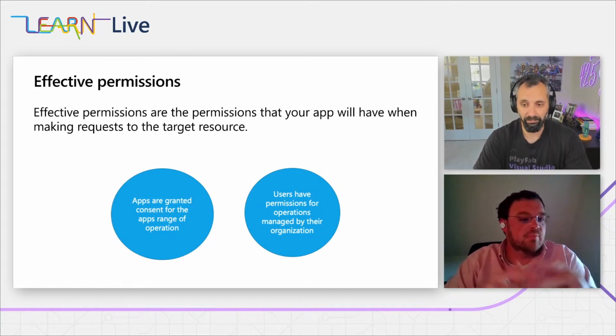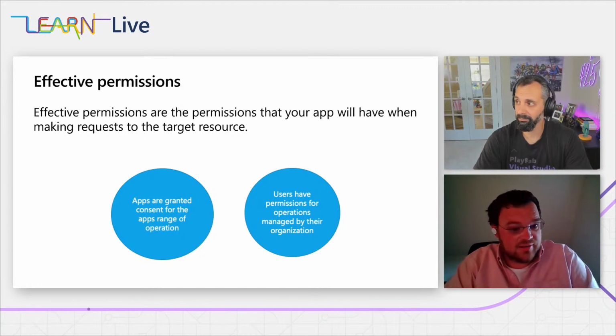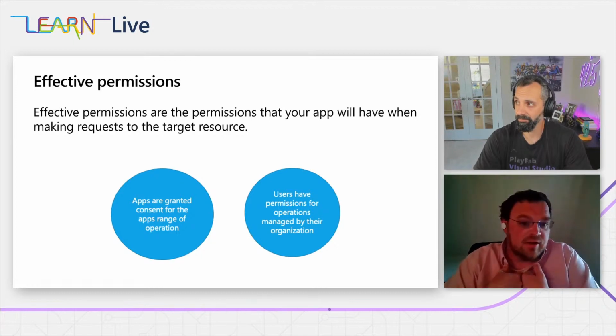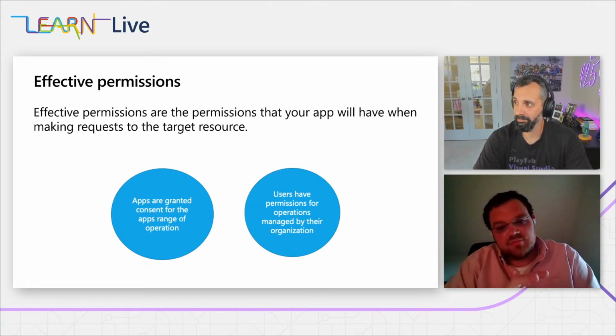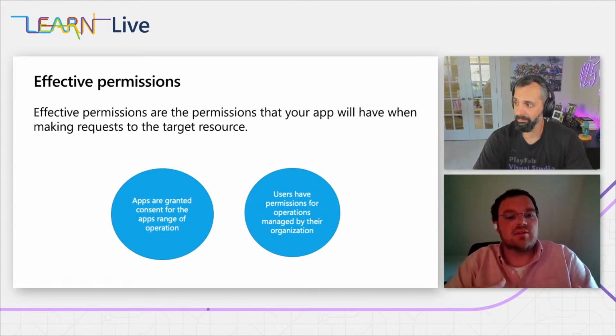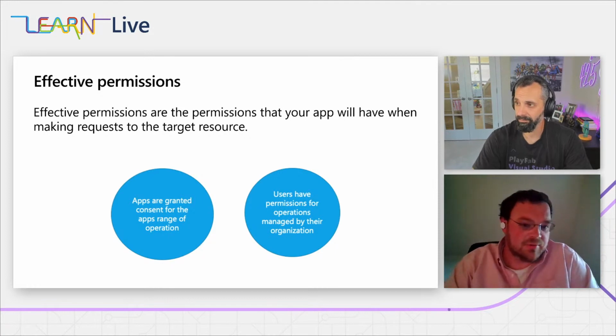It's not only going to be what the app is allowed to do per the scopes that are granted, but also what I'm allowed to do, because it is acting as me, or on my behalf. And so the effective permissions, the actual permissions that are granted to an app, can't be beyond what the user is allowed to do in most cases when you're talking about delegated permissions.